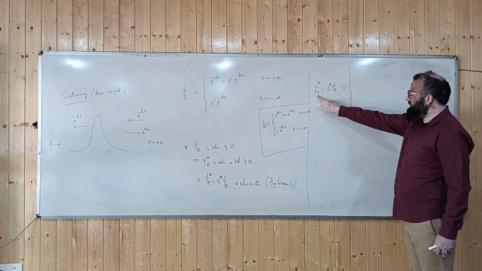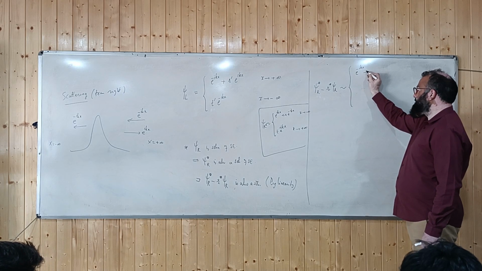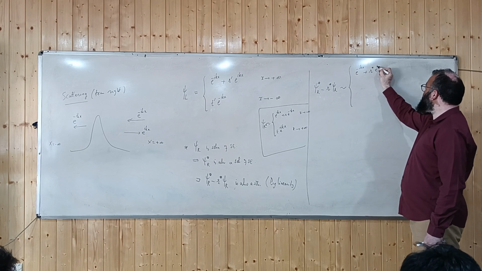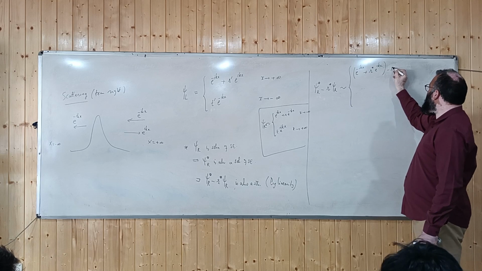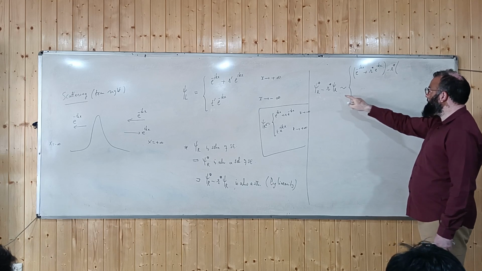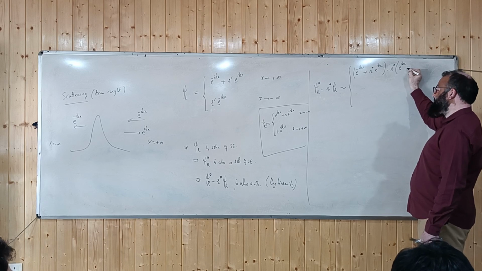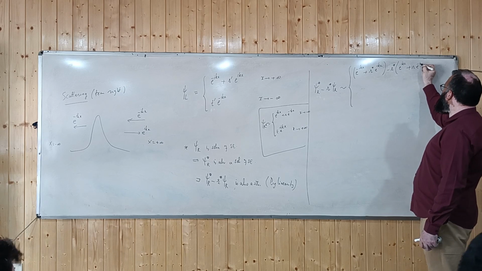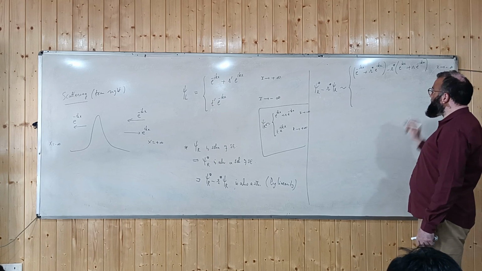So I am having psi star r, what will that be? e raised to the power minus i kx plus r star e raised to the power i kx. Then minus r star psi r, so it's e raised to the power i kx plus r e raised to the power minus i kx in the left region.